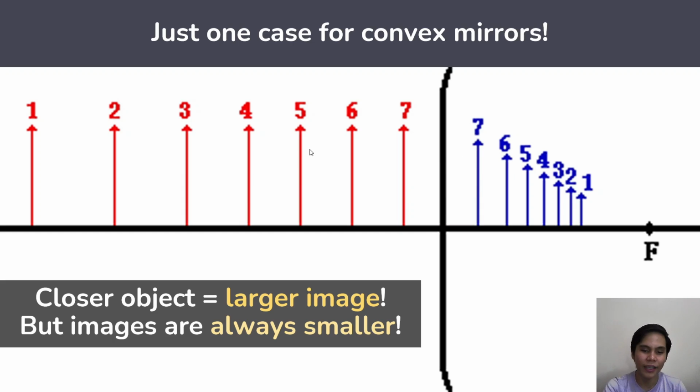So the only thing you have to remember for convex mirrors is that the closer the object is, the larger the image that forms. But the image will always be smaller than your object. You can see here, your object placement number 1 will result in image number 1, the small arrow on the rightmost, while your object number 7, very close to the mirror, will have image number 7 here, still smaller, but significantly bigger than image number 1.